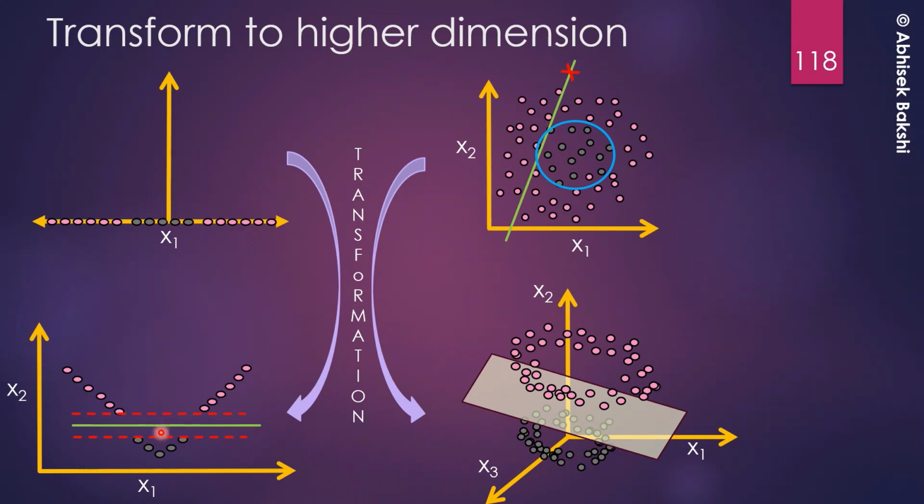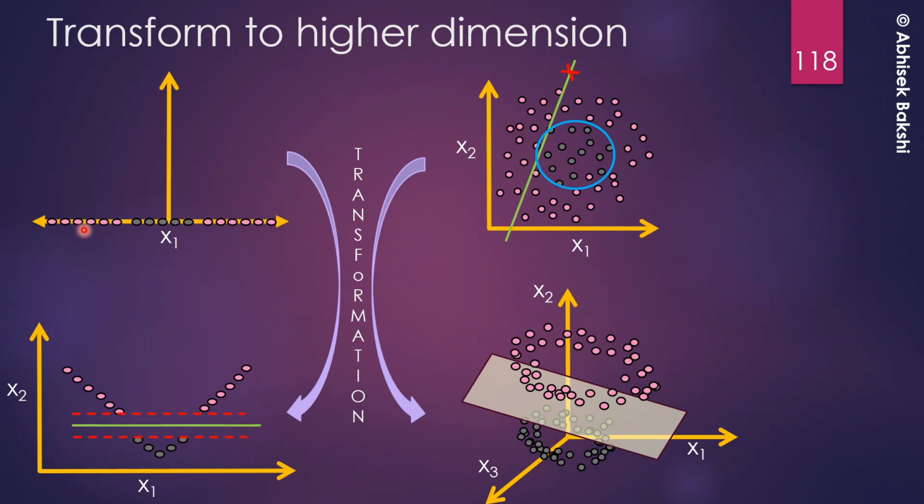What transformation have I done here? Actually, I have simply squared the term. If you square the points on the x-axis, it will become something like this, right?